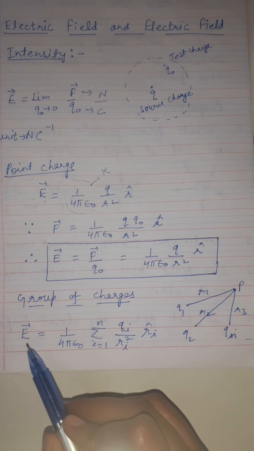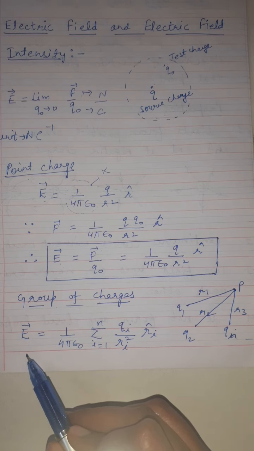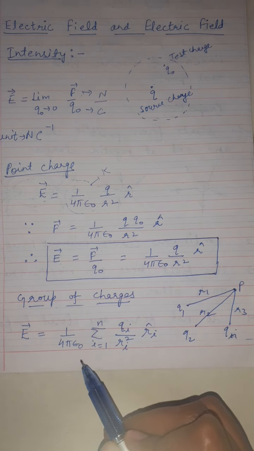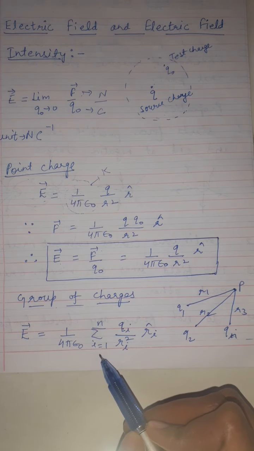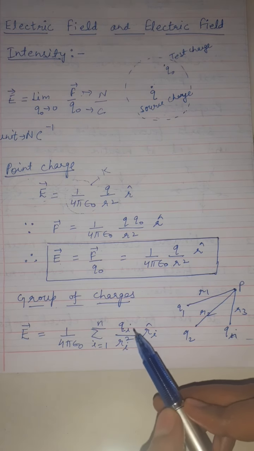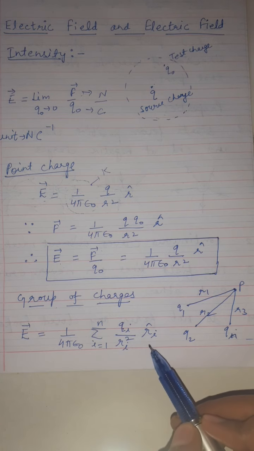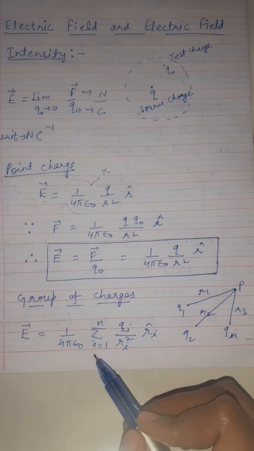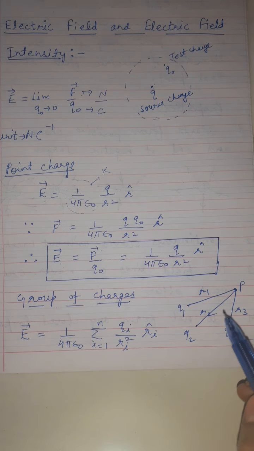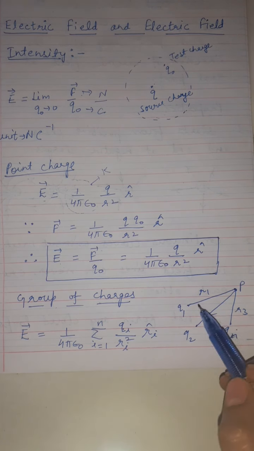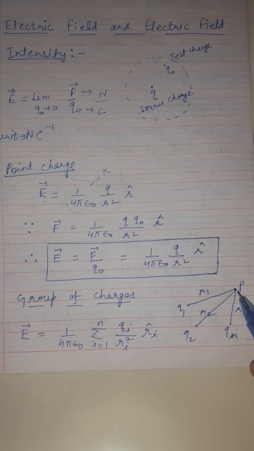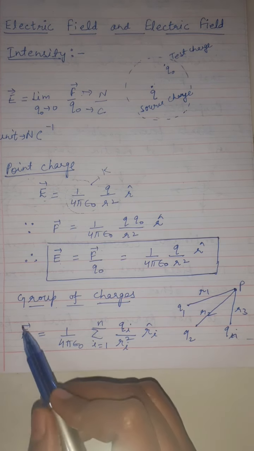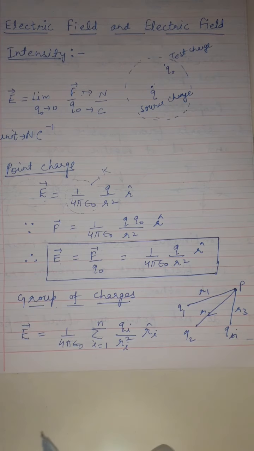So how will we calculate? We can write it like E is equal to 1 upon 4 pi epsilon naught summation i varies from 1 to n, qi upon ri square and ri cap. So i will vary from 1 to n if there are n charges, and ri are the distances between the various charges and the point where we are calculating the electric field. So this will be the electric field due to a group of charges.